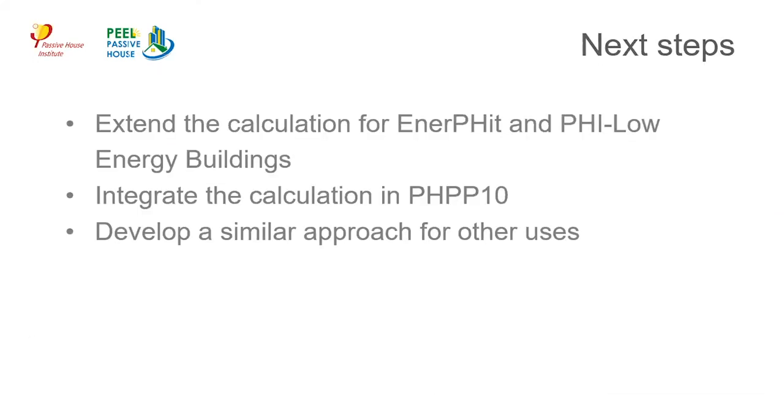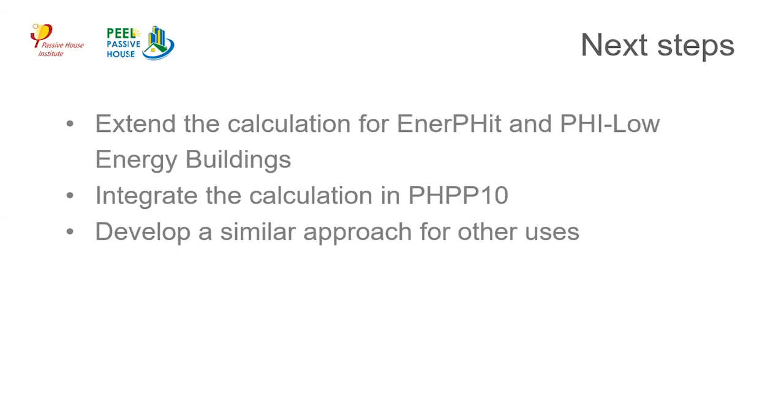So to finish up, I just want to show you what we are planning for the next steps for this tool. We want to extend this so that the calculation can also be done for the other certification programs that we have. So it would also be available soon for EnerPHit and PHI Low Energy Building.